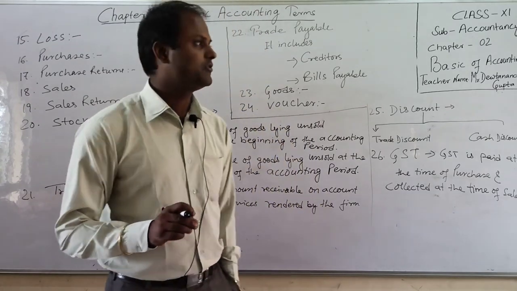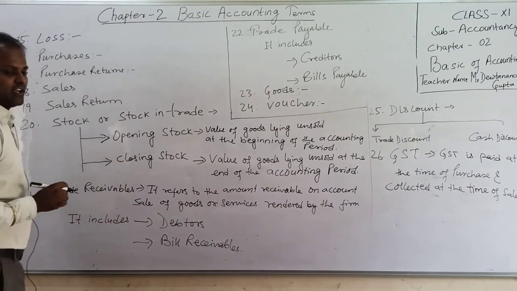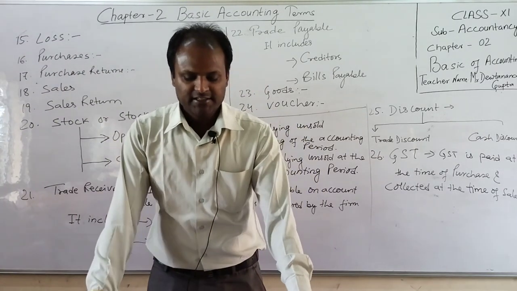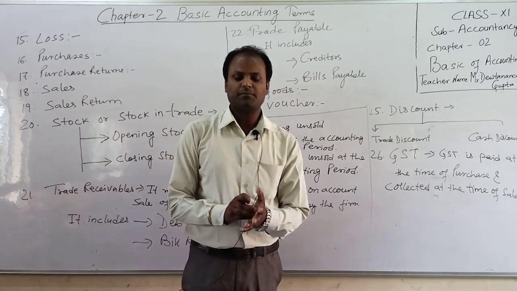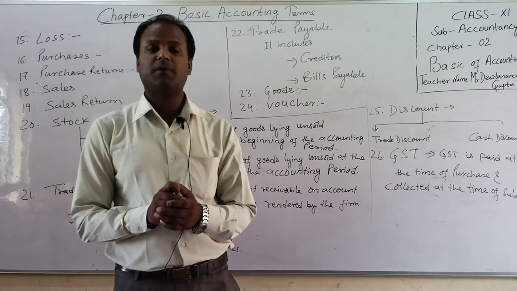Today in this video we are first going to discuss loss. Loss means the term conveys two different meanings. It conveys the result of the business operation where total expenses exceed revenue.